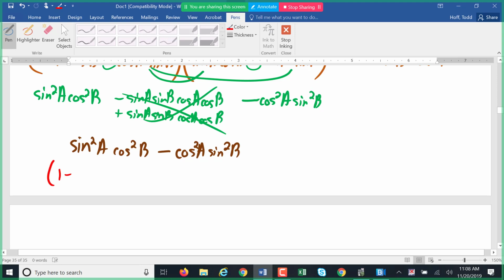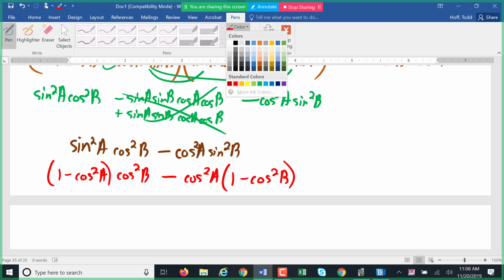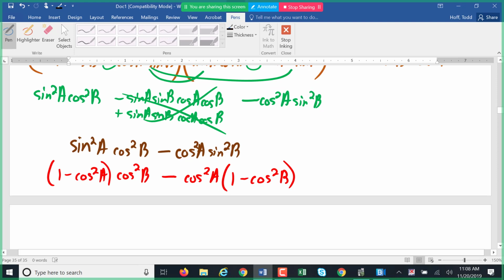Sine squared a is 1 minus cosine squared a, still times the cosine squared of b, minus cosine squared of a times sine squared of b. I'm going to write that as 1 minus cosine squared of b. On the left side here, I'll distribute the cosine squared of b. So that's cosine squared of b minus cosine squared of a times cosine squared of b.